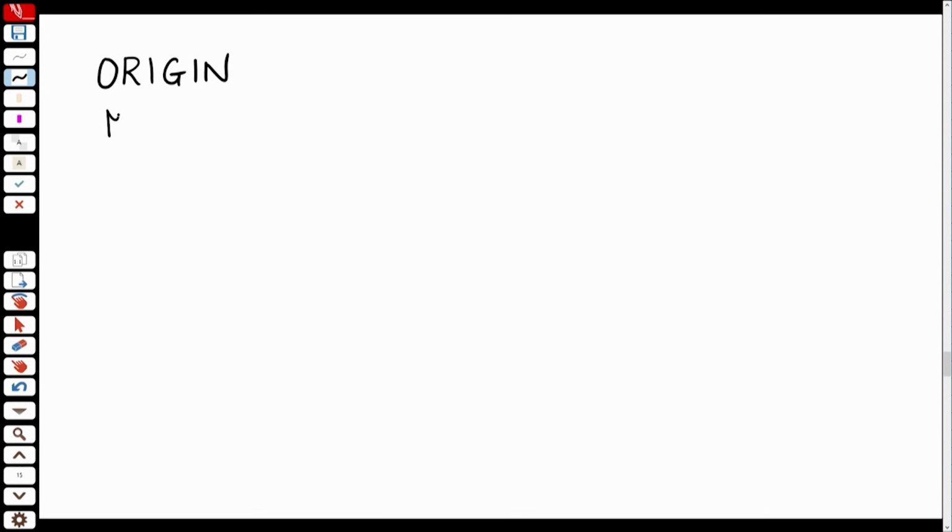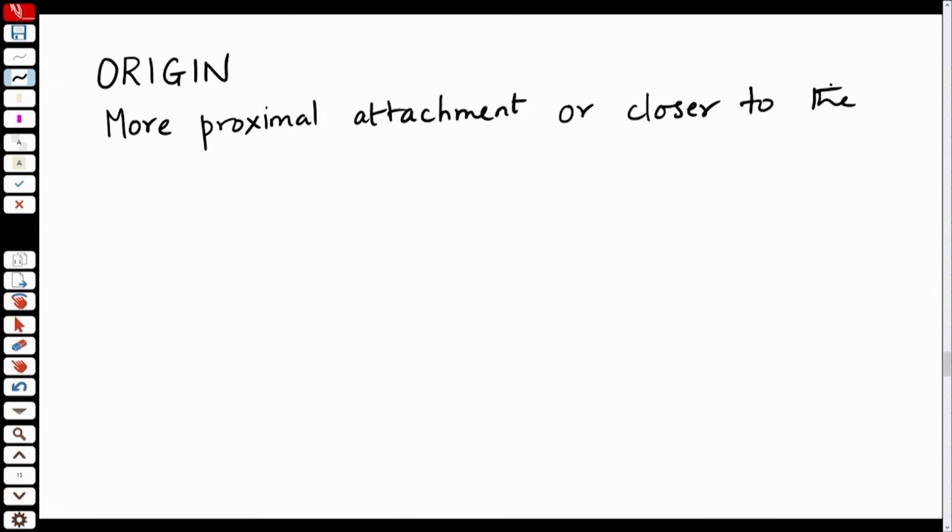The more proximal attachment, or the attachment closer to the midline of the body, you call it the origin. Remember we talk about proximal and distal in terms of the appendicular skeleton. That is called the origin of the muscle.